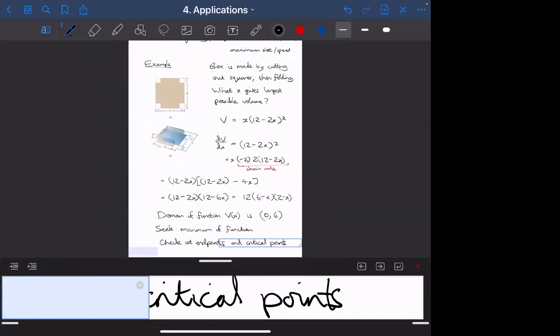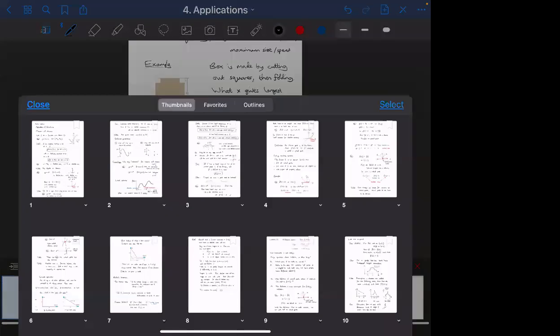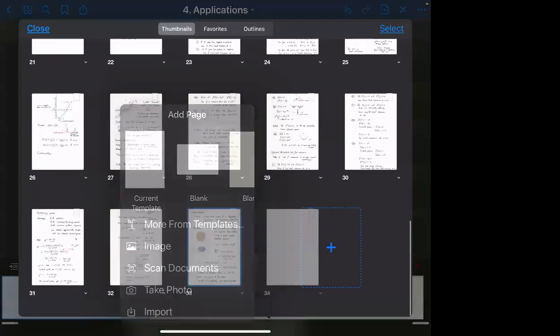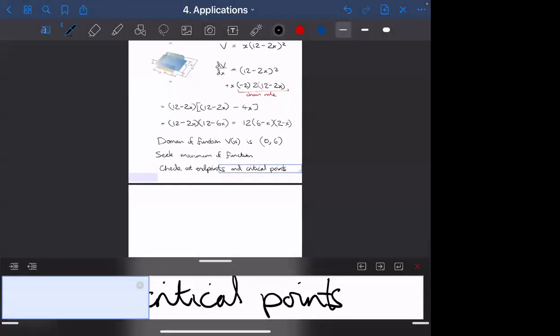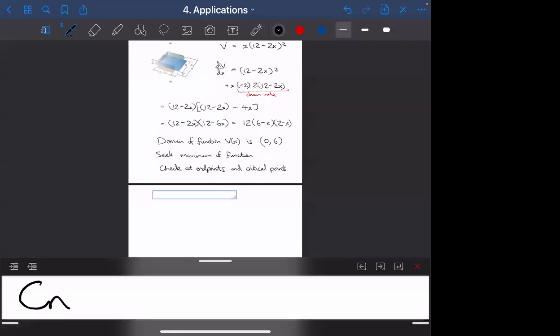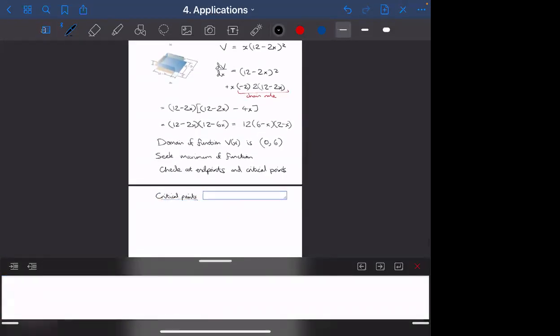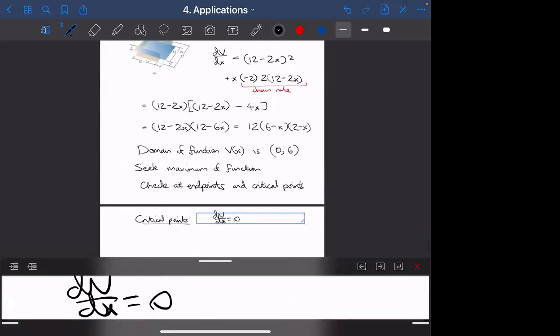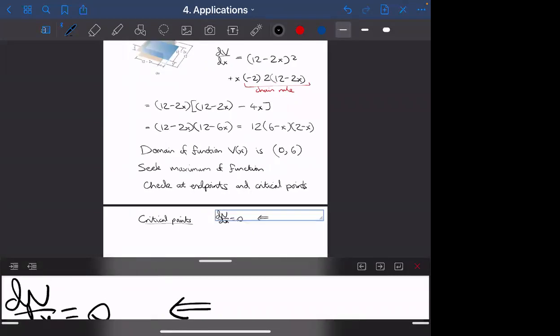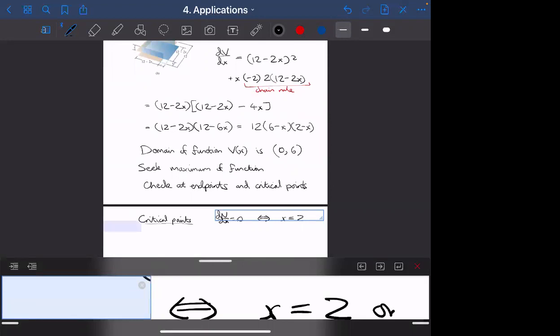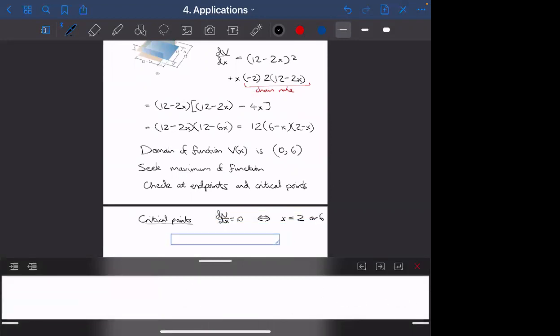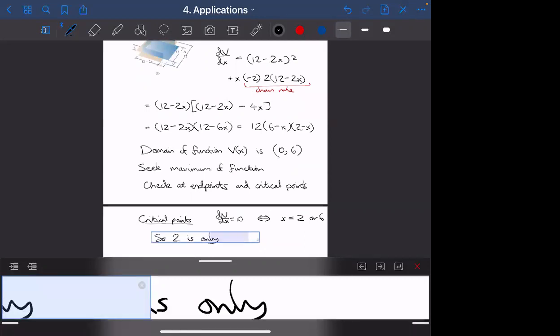So what are the critical points? dV by dx equals 0. From that expression we got, this happens if and only if x is 2 or 6. So 2 is the only critical point in the domain.